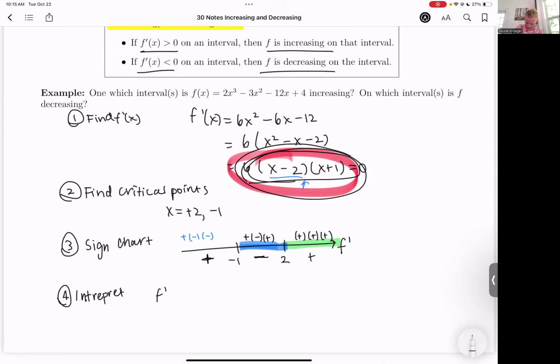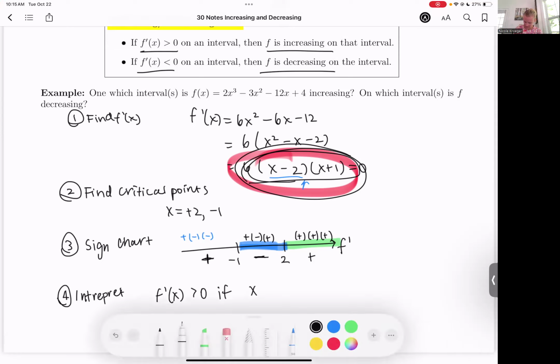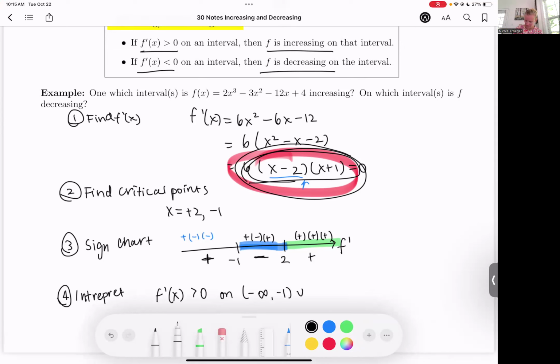So f prime is positive on the interval from -infinity to -1 and the interval from 2 to infinity. So that's where f is increasing.